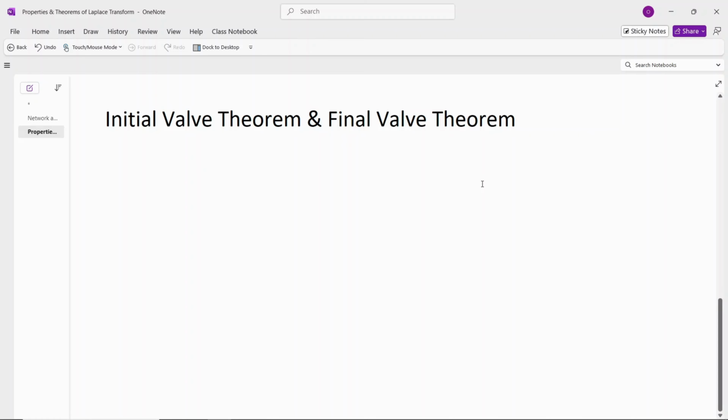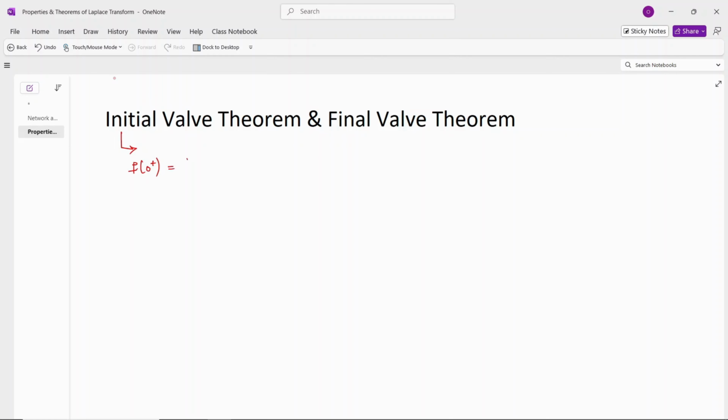Today we are going to discuss the initial value theorem as well as the final value theorem. The purpose of the initial value theorem is to find the initial value of the time function. The initial value of the time function I am going to call f of 0 plus.